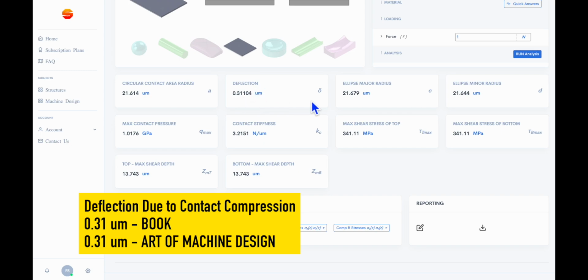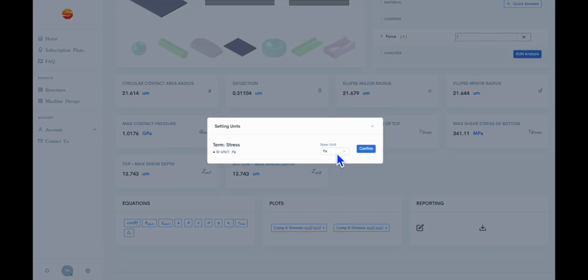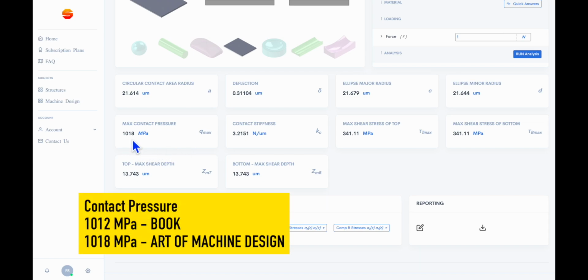The book says it's 0.31 micrometers. So we're perfectly on target here. Because this is a circle, the major and minor radius are the same. Contact pressure, let's put it in megapascals. The contact pressure per the book is 1012, and what we have is 1018.